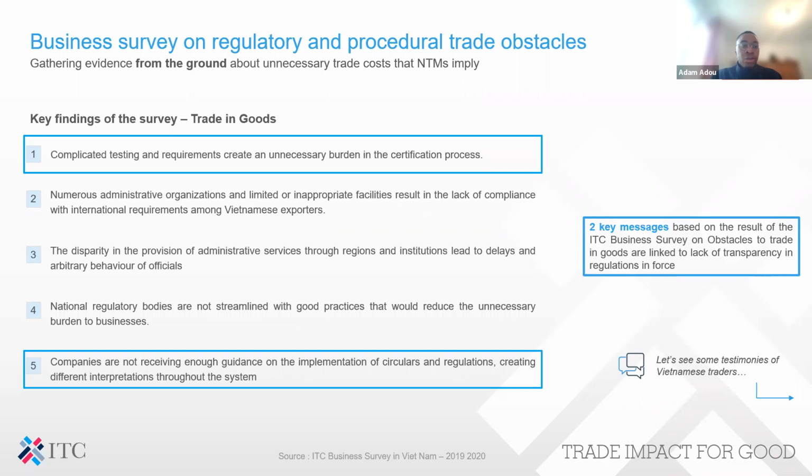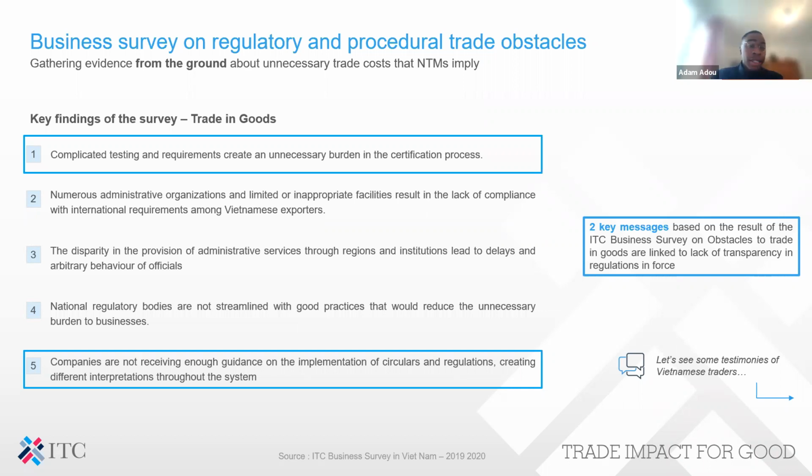So regarding the testing requirements, Vietnamese companies complain, explaining that they do not know where to find information regarding testing requirements, and that there is no transparency regarding those regulations, that they also do not receive guidance on how to comply with those regulations, and guidance regarding updates of the regulations applied by the partner countries when it comes to the specific product they were exporting or they are still exporting.